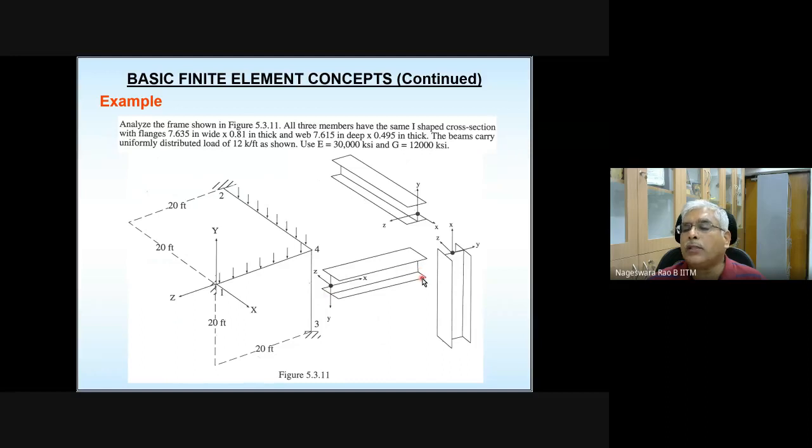That is positive x-axis, small x-axis, and small y-axis positive in the downward direction, small z-axis positive in the direction which is shown. Any questions here?